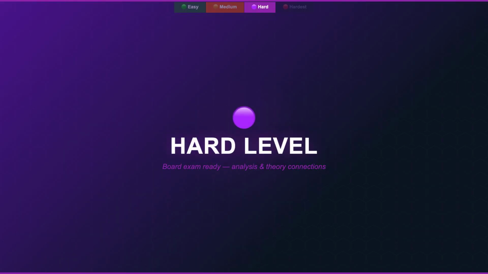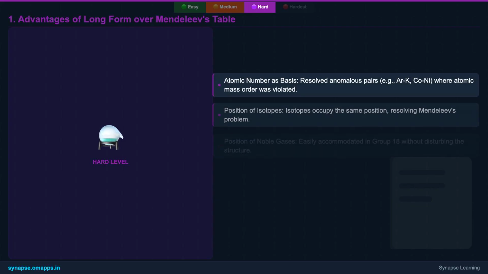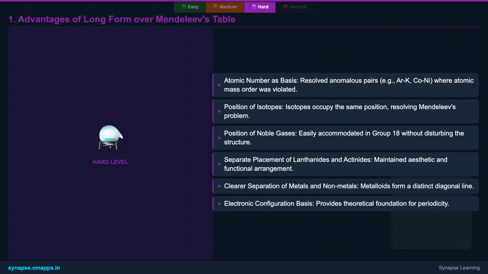Excellent work so far. Now, let's step up to the hard level, where we'll analyze the periodic table's advantages and its predictive power. The long form of the periodic table offers significant advantages over Mendeleev's earlier version. By using atomic number as the basis, it seamlessly resolved the problem of anomalous pairs where elements were out of order by atomic mass.